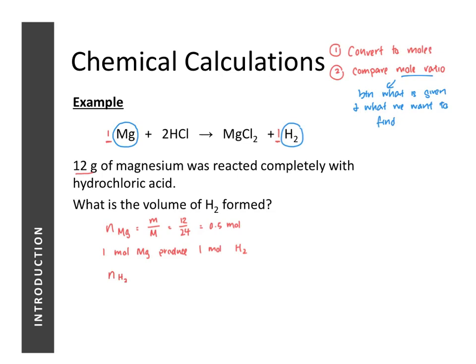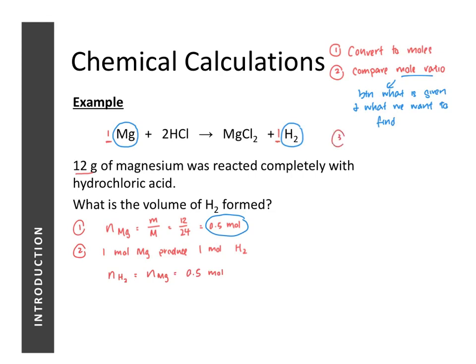If 1 mole of magnesium produces 1 mole of hydrogen gas, and there are 0.5 moles of magnesium present, it will produce the same number of moles of hydrogen gas. Okay, so this is step number 2. By comparing mole ratio, we can find the number of moles of hydrogen produced.